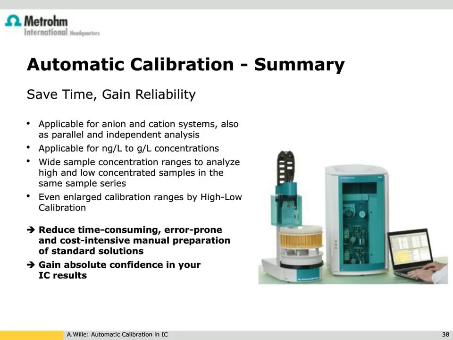Okay, good answer. This one is actually addressed to both of you, and it's from Paul. How do you distinguish between singly and doubly charged species in the same sample if they're present at different concentrations? Why don't you go first, Andrea? In ion chromatography, you can separate the single and double charged species in the same run, and you identify the peaks using standard substances in a standard solution, for example.